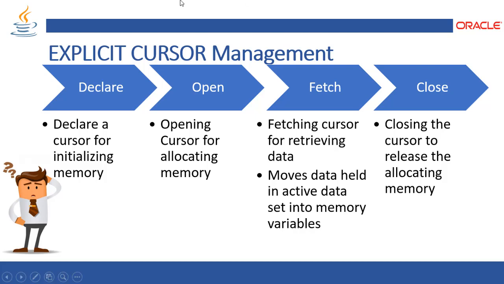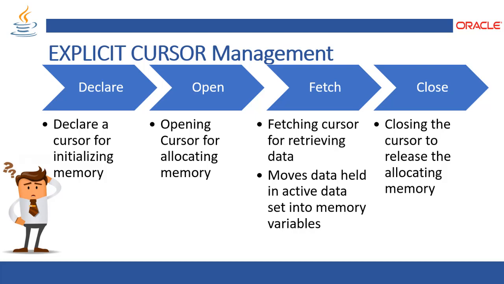Now, how do we create an explicit cursor? First, you need to declare a cursor for initializing memory. After declaring the cursor, you have to open it for allocating the memory.